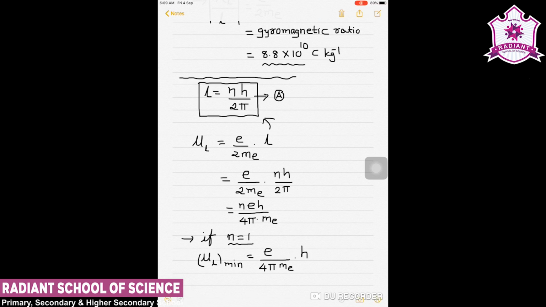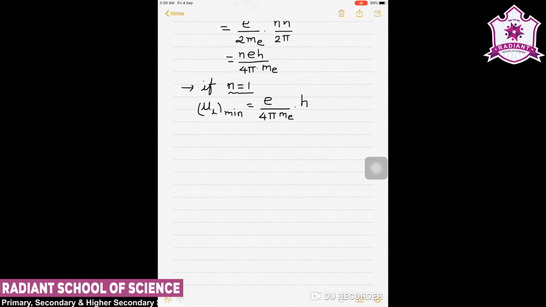Now here there are different terms. If we replace all values in the above equation, e is 1.6 into 10 to the power minus 19 coulomb, h is the Planck constant, 6.626 into 10 raised to minus 34 joule second, and me is the mass of the electron, 9.1 into 10 raised to minus 31 kilogram.